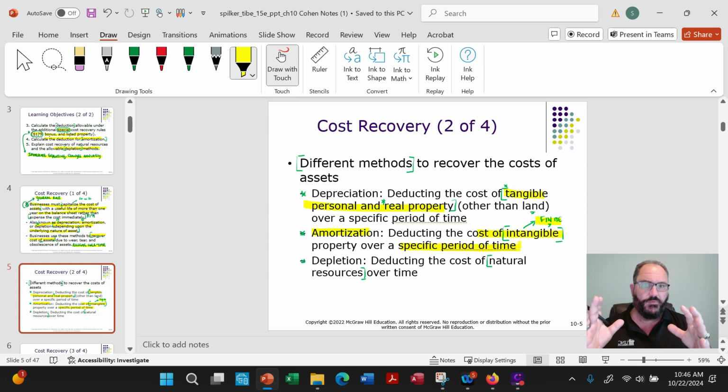You check them for impairment, if you remember that from intermediate. So here we're talking about something that has a finite life. And then depletion. This has to do with natural resources. I think, and I don't know for sure, but people told me in Dr. Berger's class, you probably talked about some oil and gas, and oil and gas would come under depletion because it's a natural resource.